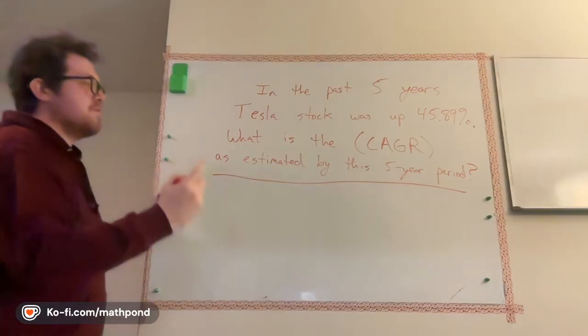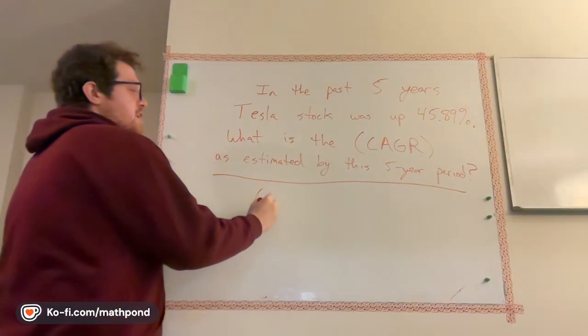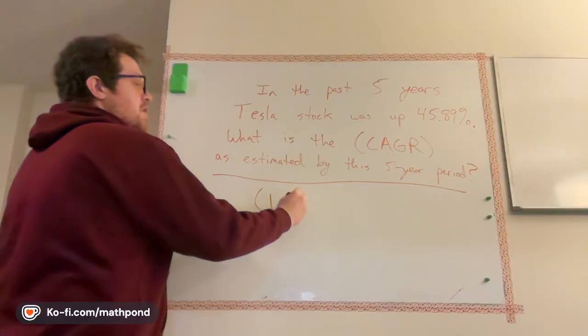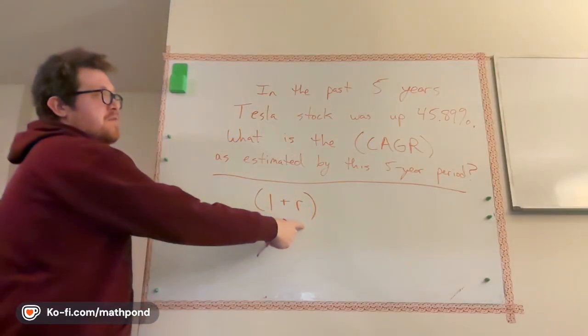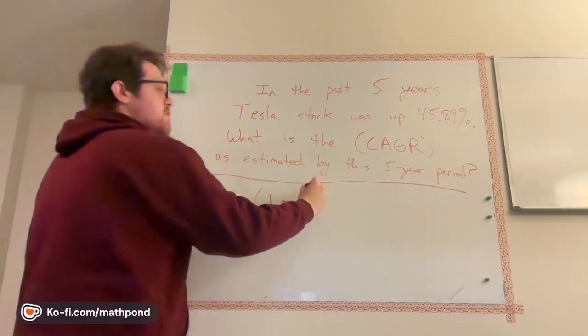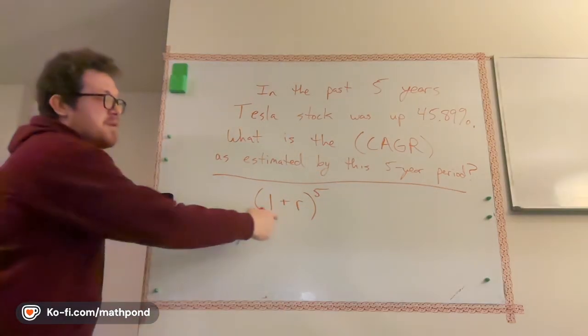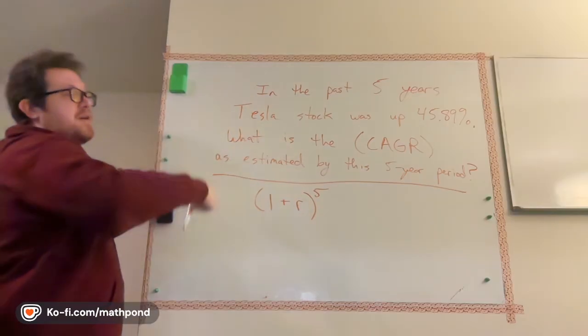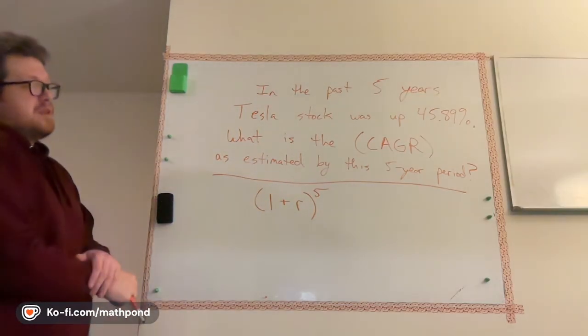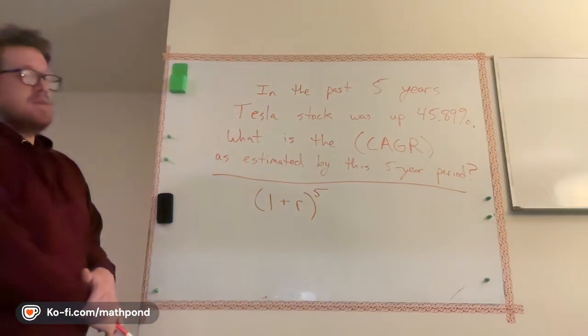So what we're looking for is some percentage greater than 1, so some return r, that if we had gotten the return every year and we compounded it 5 times, so we got 1 plus r return, and then we compounded it 5 times by multiplying by 1 plus r again, 5 times.